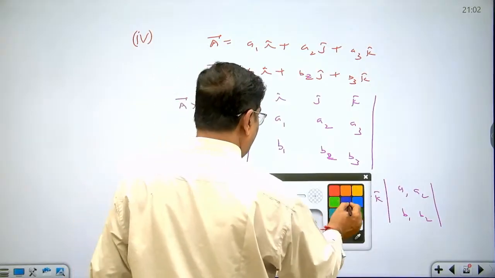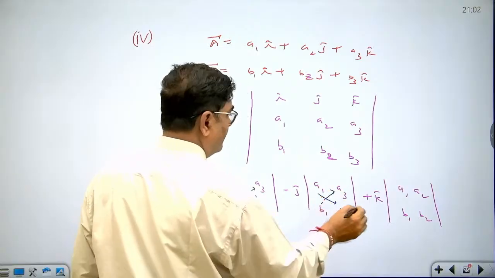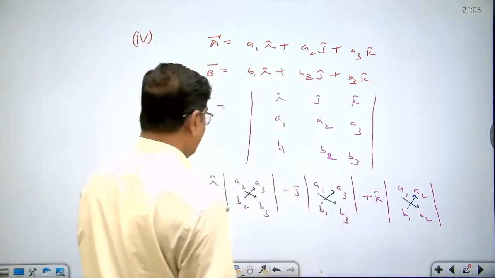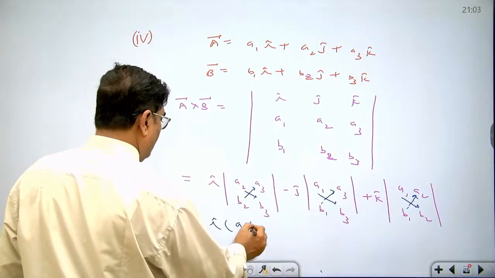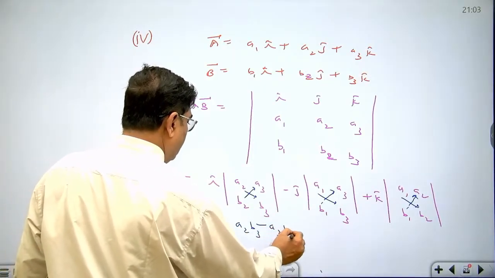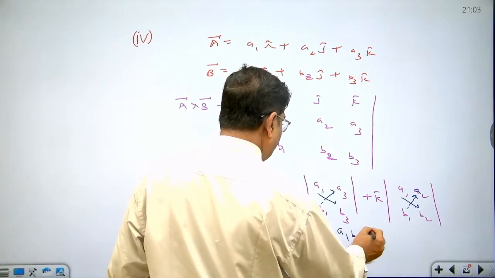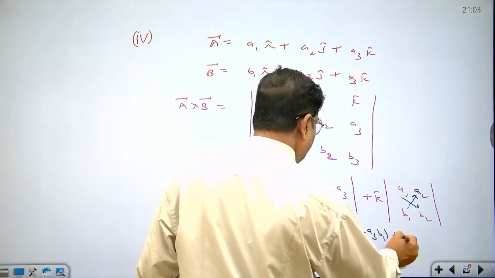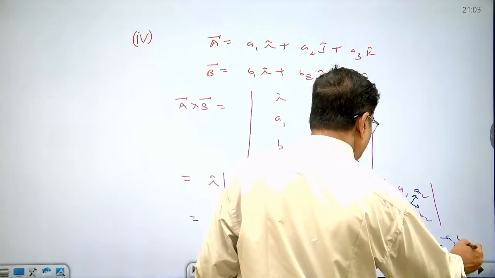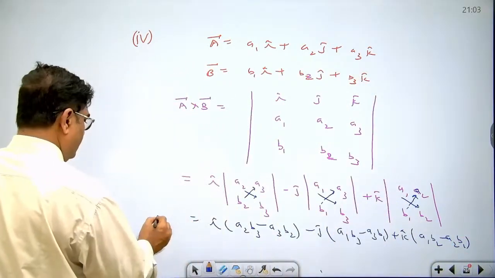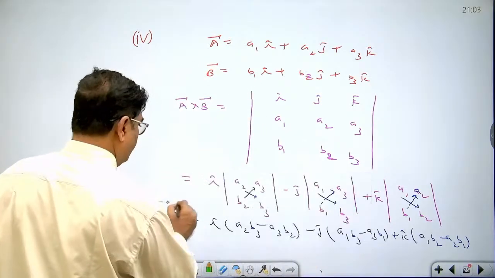The solution of this determinant comes as I cap (A2 B3 minus A3 B2) minus j cap (A1 B3 minus A3 B1) plus k cap (A1 B2 minus A2 B1). This is A cross B. Dear student, this is the process by which A cross B is determined.